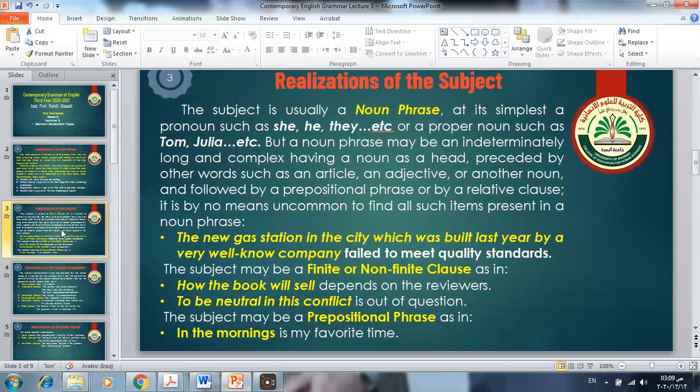It is by no means uncommon to find all such items present in a noun phrase.